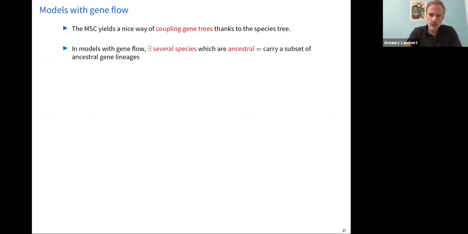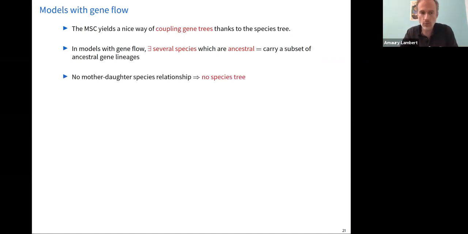But now in models with gene flow, there will be several species that are ancestral to a genome in the sense that it carries a subset of the ancestral gene lineages, okay? Because your genes will travel into different species. When you follow the ancestral species of one single genome, you will find several ancestral species. And so this means that there's no such thing as a mother-daughter species relationship, and so there's no species tree. So we can't really use the species tree in order to couple the gene trees.